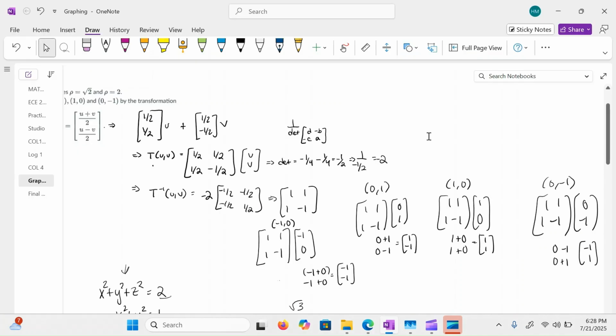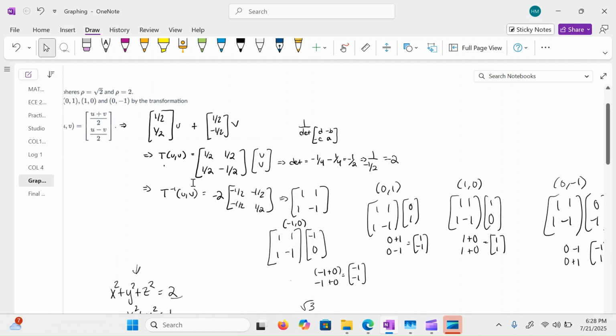For the last task, I did a linear transformation, which I basically did the inverse matrix. So first, I separated u and v into giving me this matrix that I can use to find the inverse of T, which gives me 1 half, 1 half, 1 half, negative 1 half. And I take the determinant, which is negative 1/4 minus 1/4, which will give me negative 1 half.